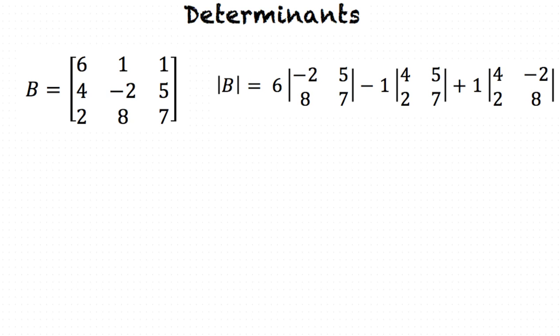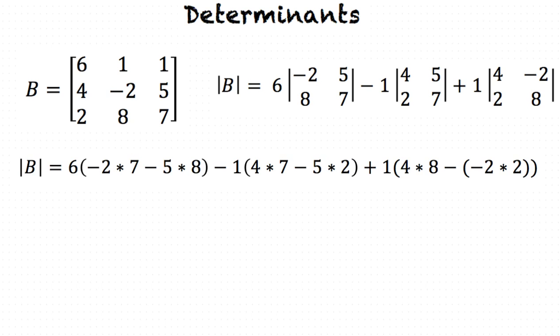We now take the determinants of the smaller matrices. This would give us the determinant of B is equal to 6 times (negative 2 times 7 minus 5 times 8) minus 1 times (4 times 7 minus 5 times 2) plus 1 times (4 times 8 minus negative 2 times 2).